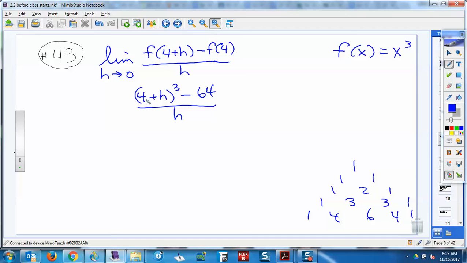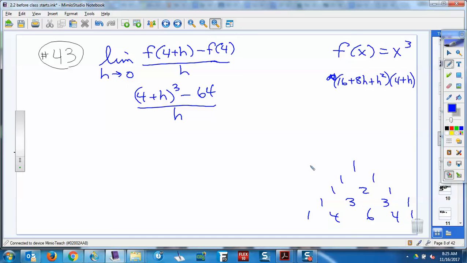Now, one way to do 4 plus h cubed is do 4 plus h times 4 plus h times 4 plus h, right? And so 4 plus h times 4 plus h would be 16 plus 8h plus h squared. And then you take that times 4 plus h, right? And how do you do that? Well, you take the 4 times everything, take the h times everything, and then you add them all up. Okay, and that's fine. Just go ahead and do it that way.